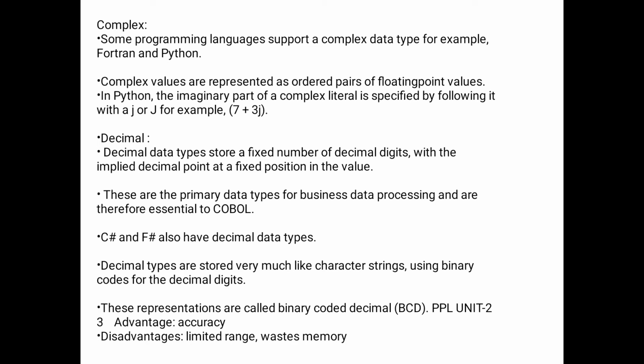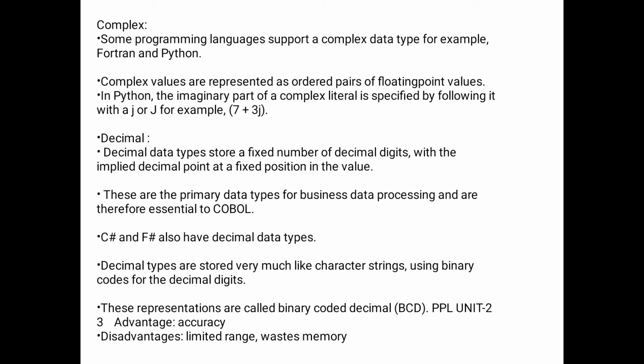Next, decimal. Decimal data types store a fixed number of decimal digits with the implied decimal point at a fixed position in the value. These are the primary data types for business data processing and are therefore essential to COBOL. C# and F# also have decimal data types.